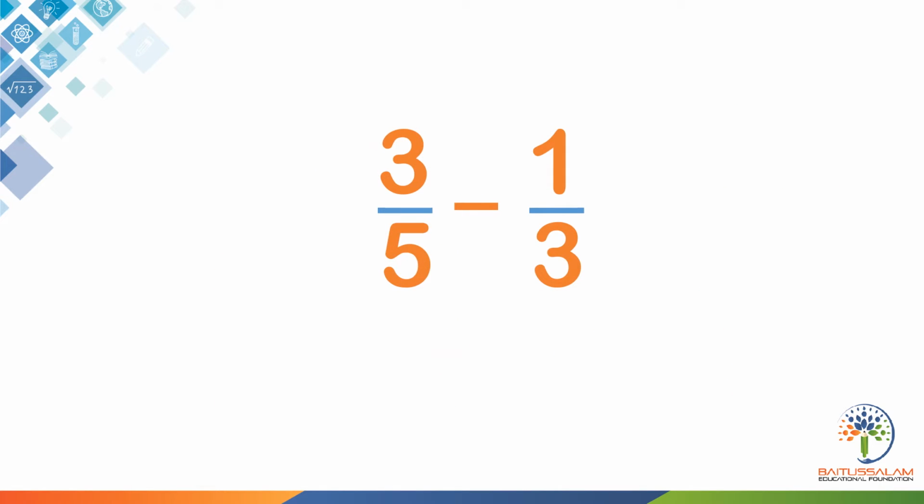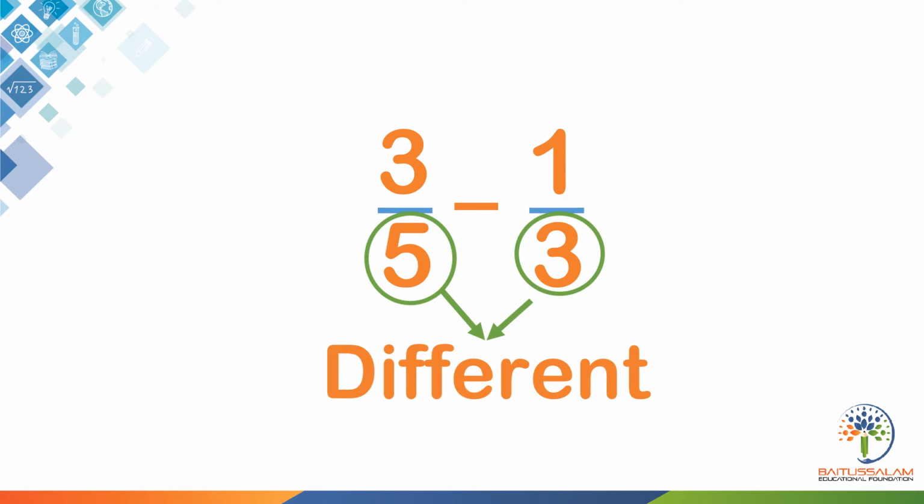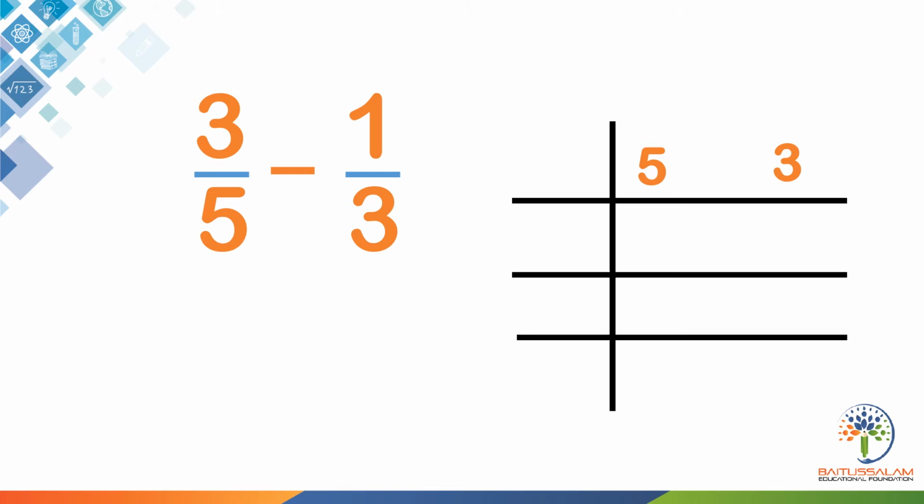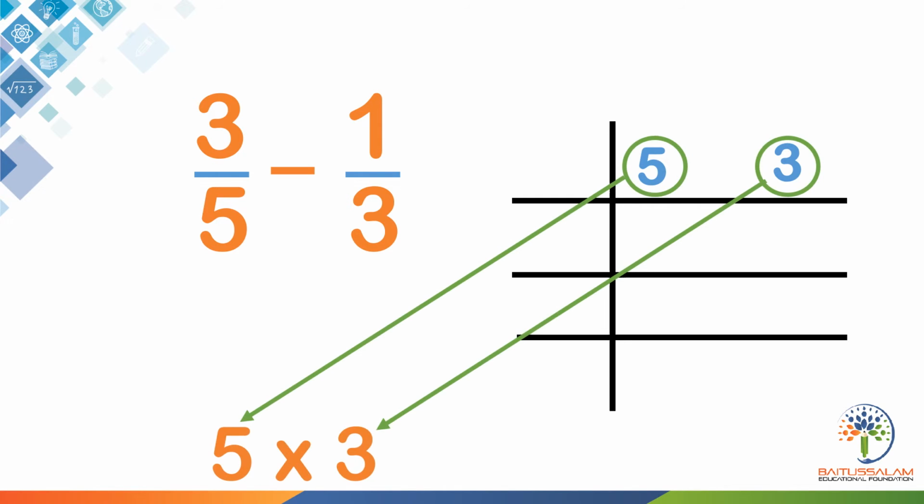However, if 3 upon 5 is subtracted from 1 upon 3, the denominators are different. First, the LCM of 5 and 3 is taken. As both 5 and 3 are prime numbers, the LCM would be 5 times 3. That is 15.